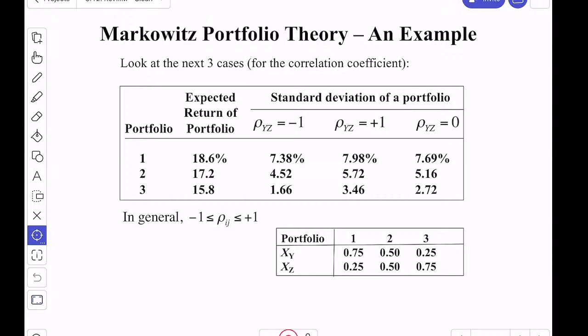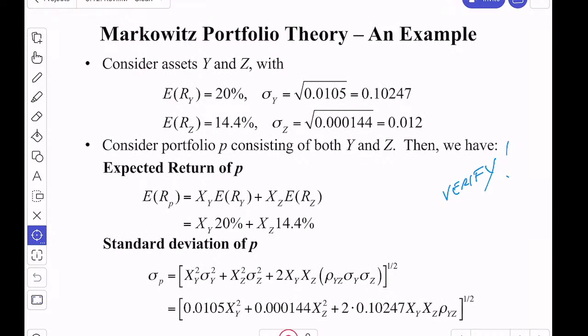Going back for an instant to the returns, which one is the higher risk, higher return asset? Okay, so Y is the riskier one with the higher return.